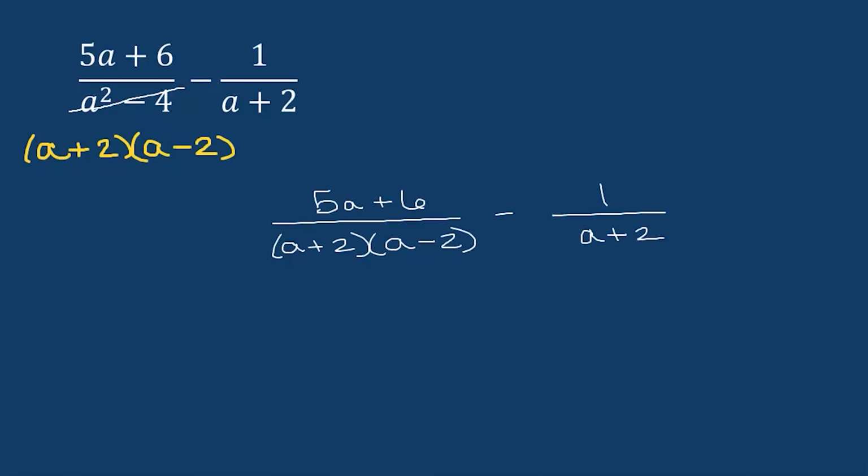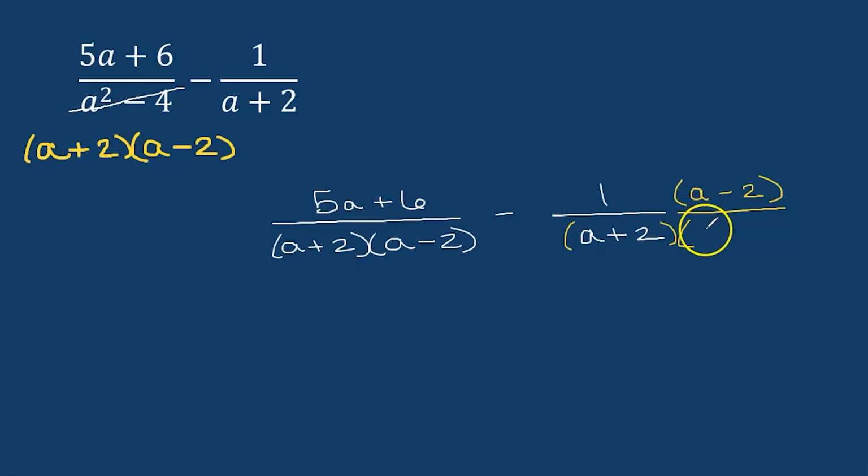Now you might be recognizing already that this one only has an a plus 2, like this one. It does not have the a minus 2, so we need to give it the a minus 2.